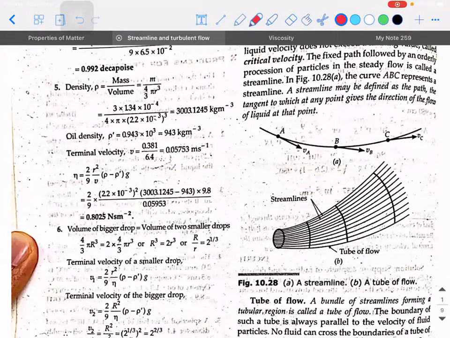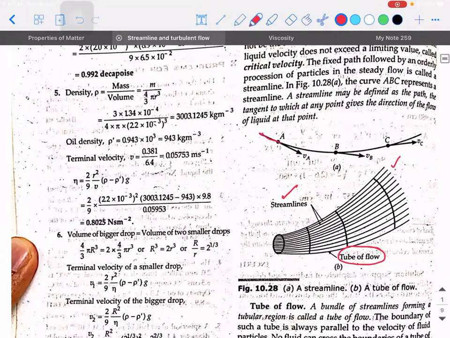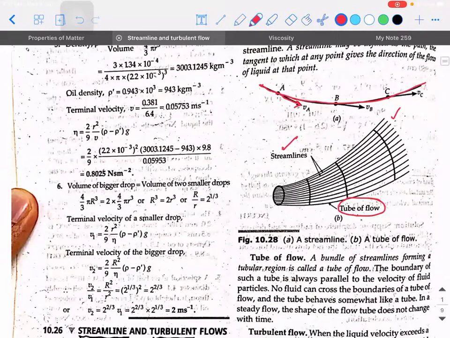The layers of liquid that you have broken into are what are called streamlines, and the tube through which it is flowing is called the tube of flow. If you take the surface like this, the velocity of every particle at a point is measured tangential to it, right?